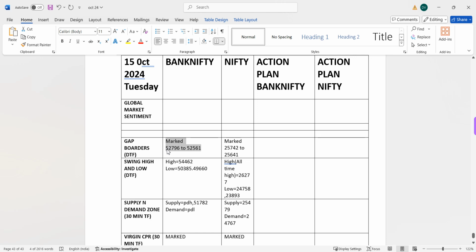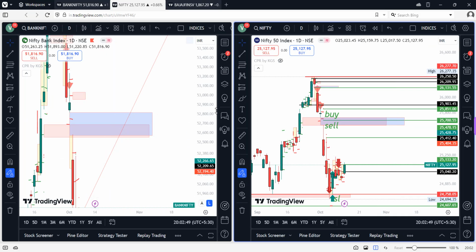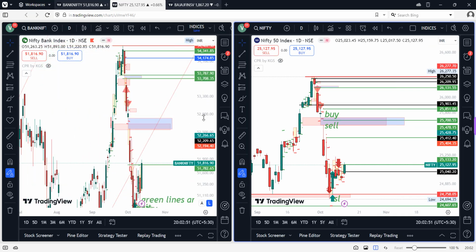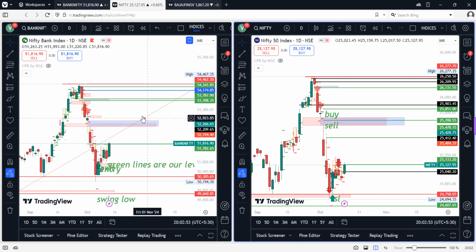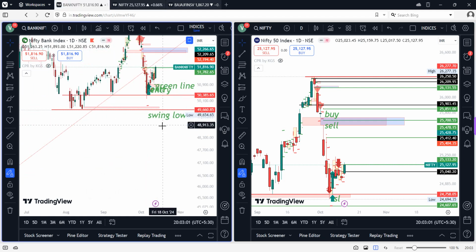Why have I done this? This is very easy for my followers or my Telegram members to look at these levels. The next one is the swing high and the swing low. You can see here, swing highs are something where there is no immediate high. This is the swing high, and this is the swing low.